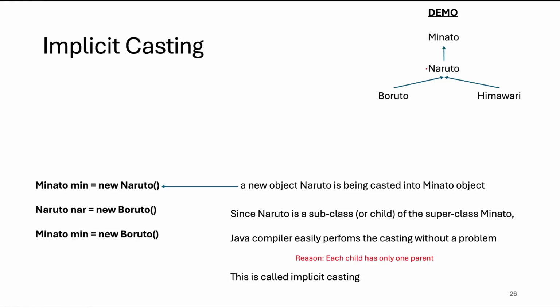We are creating the object and doing the casting. Same thing we can say here. For Naruto also, we are creating an object Boruto and casting it to Naruto. Similarly, in the last line, we are creating the instance Boruto.